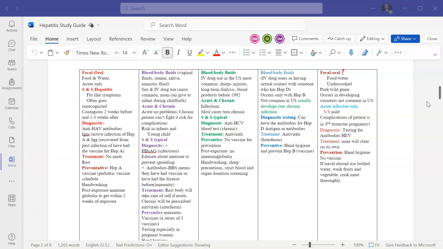So if you look on page 1171, here are some examples of the antiviral type drugs that are given. You have the tenofovir. Let me say that again. Tenofovir. And then you have the lamivudine and the entecavir.